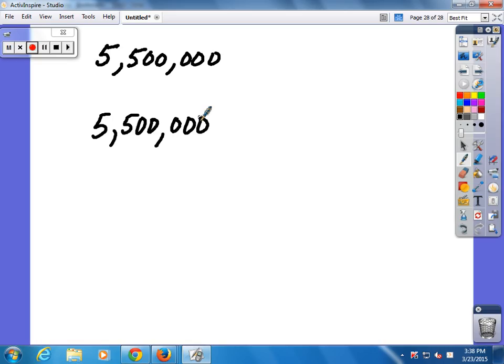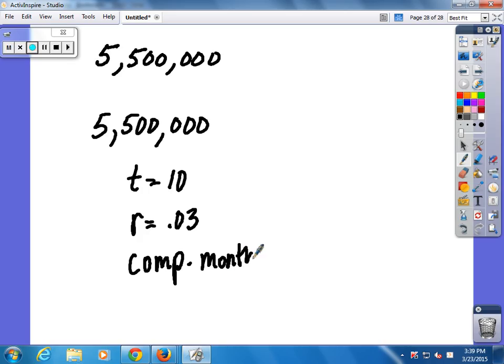So you decide to put it in the money market, and keep it in there for 10 years. So T is equal to 10. And we're going to put it at 2%, 3%. So R is equal to 3%. And we're going to compound it monthly. All right, so go ahead and figure that up. See what happens at the end of 10 years with Mr. Pruitt's money.